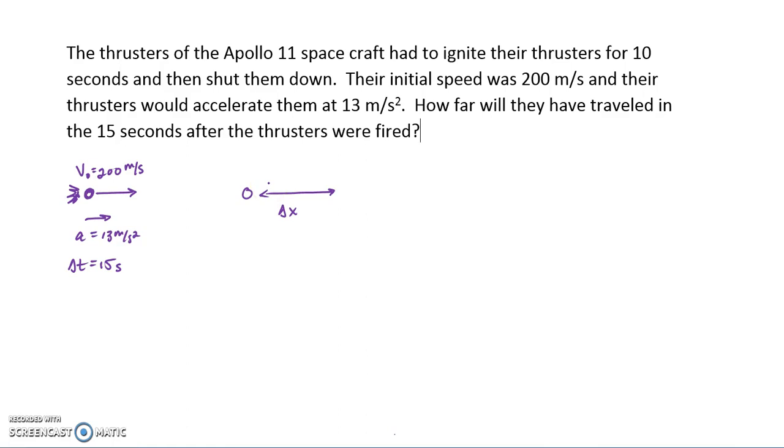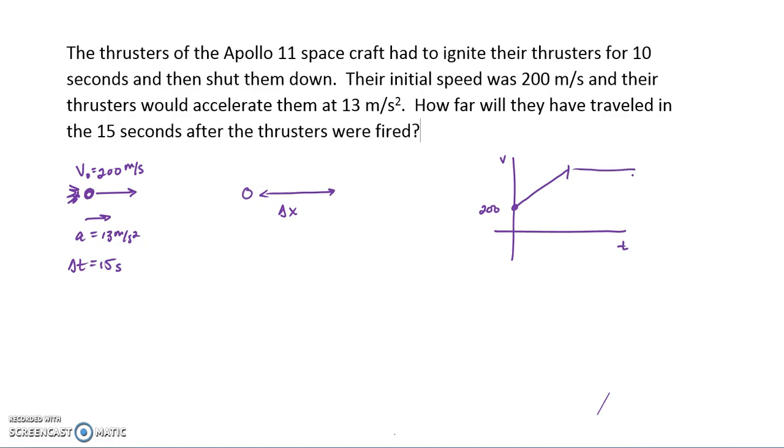So off to the side here, I'm going to draw myself a little velocity-time graph just to help guide my understanding of what's happening. The initial velocity was 200, and then I am speeding up. Once I cut the thrusters right here, I'm going to cruise along at a constant velocity.